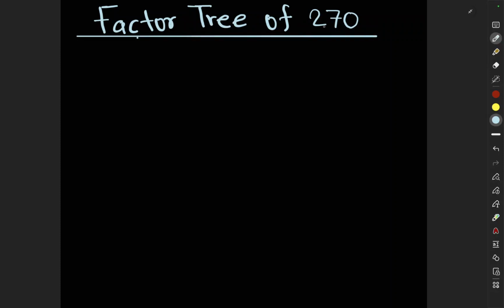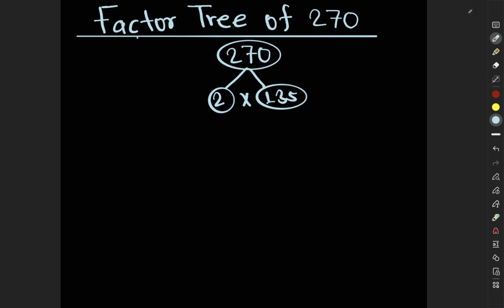Factorize 270. So 270 can be written as 2 times 135. 2 times 135 means 270.